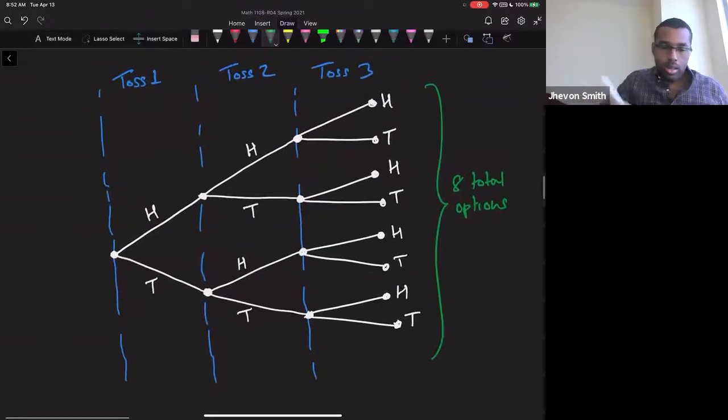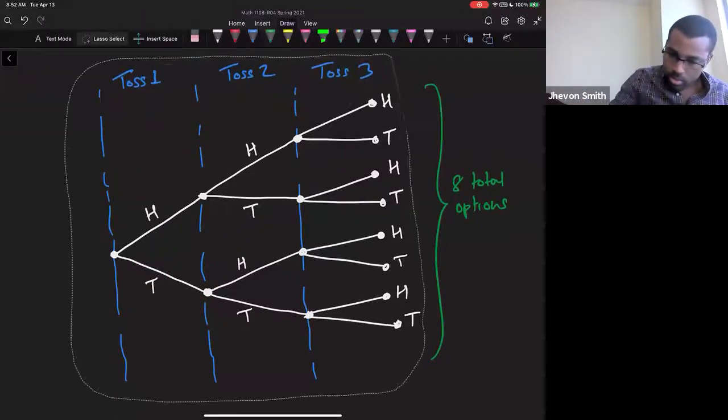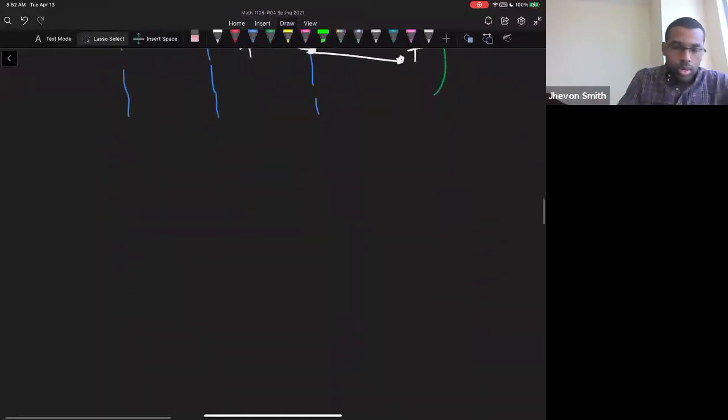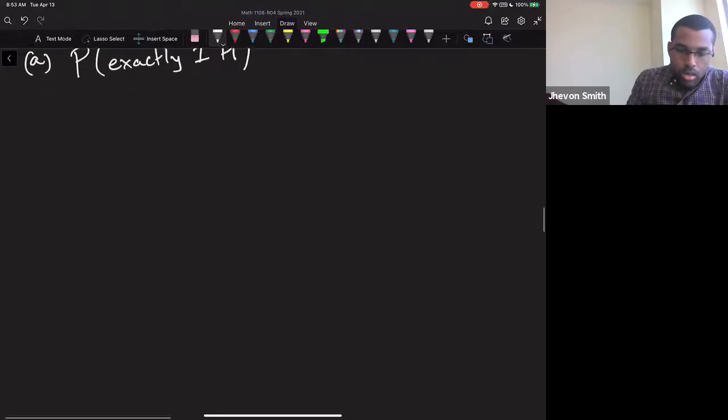And for each one, so for A, the probability of exactly 1 head.